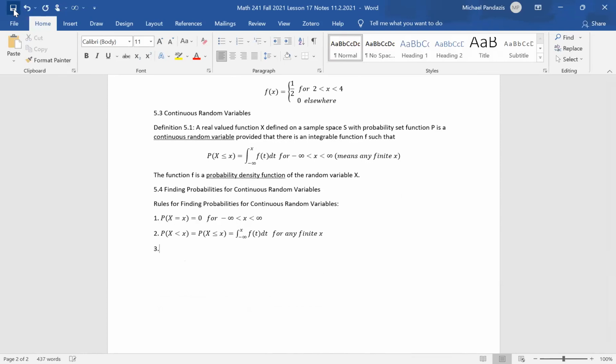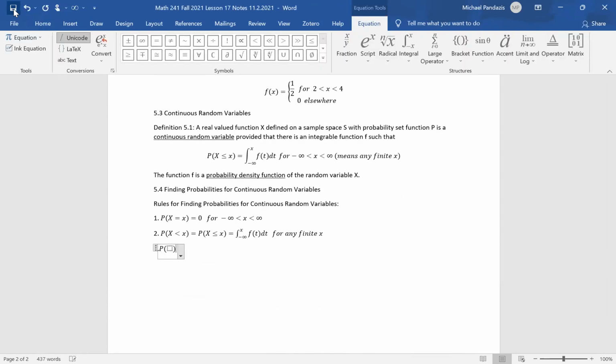The third rule is that the probability of X between a and b inclusive is equal to the probabilities where you keep or don't keep any of the endpoints of that subinterval. You can remove only the point b, and it's the same. You can remove only the point a, and it's the same.